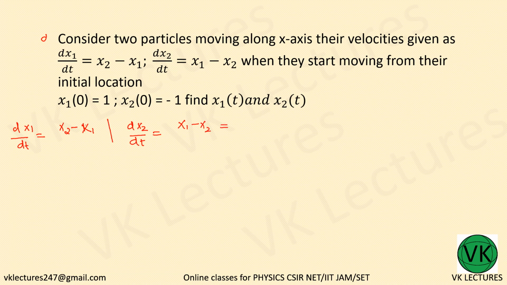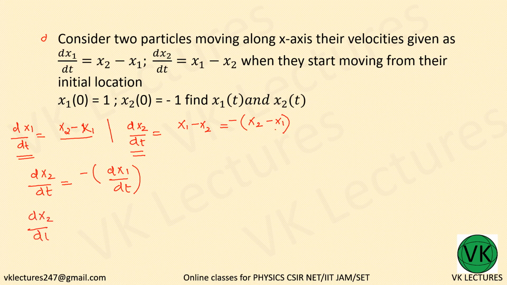Now this, if I can write it as minus of x2 minus x1, then dx2 by dt equal to minus of x2 minus x1. Now what is this x2 minus x1? This is nothing but dx1 by dt. So dx2 by dt equal to minus of dx1 by dt.